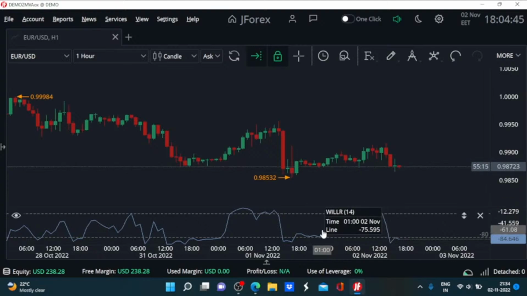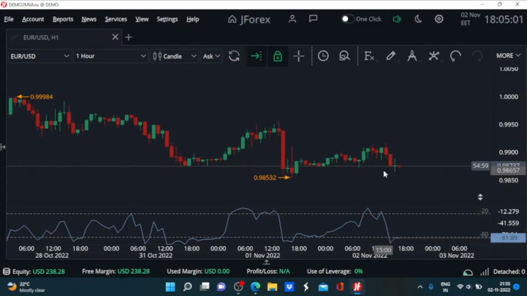When we have the output below minus 50 for this indicator, that means the price momentum is bearish, as we have the recent price action concentrated towards the lowest low under the calculation period. So that's how we can make a simple assessment of what the price dynamic is telling us.